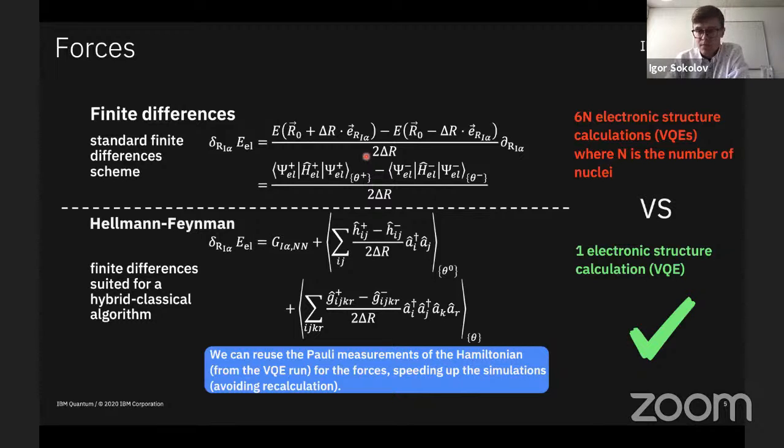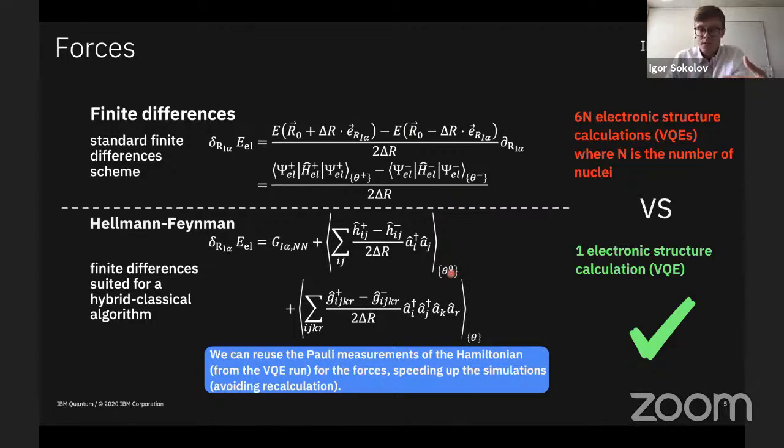Therefore, we need a different approach, and the Hellmann-Feynman theorem is applicable. We will show why. Here we just need to compute the differences of the values of one-body integrals and two-body integrals, and we keep the expectation value of our hopping terms, one-body and two-body terms, at the initial geometry R0.